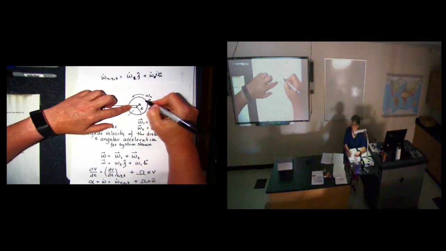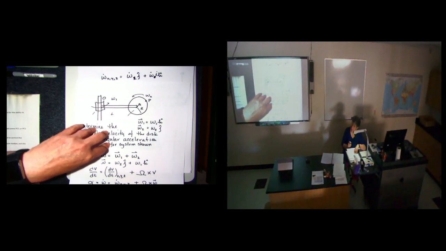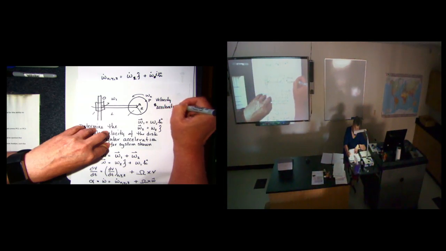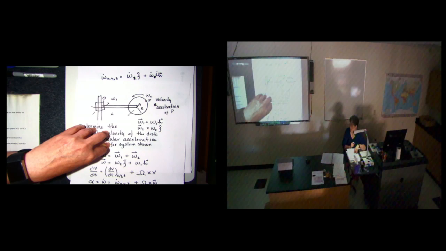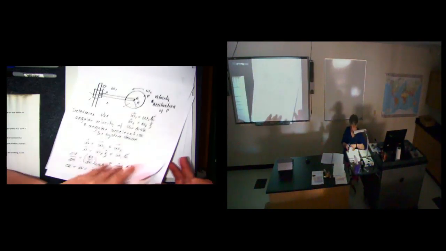All right, now we're going to go back and look at this P. Using this same system, we want to find the velocity and acceleration of P. We're going to need a few pieces of information in order to do that.